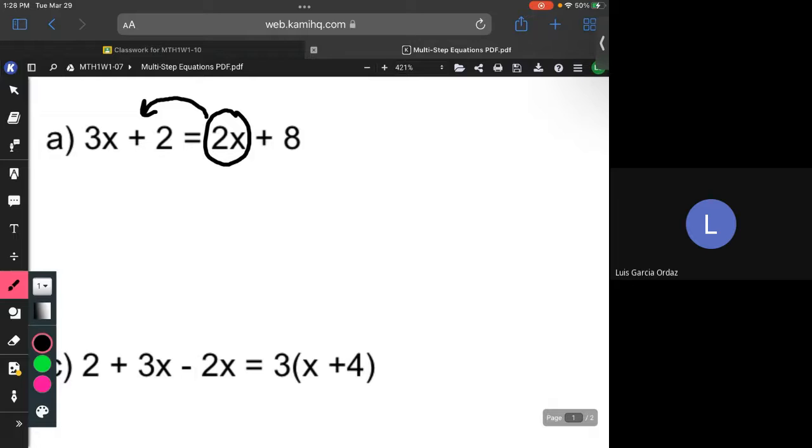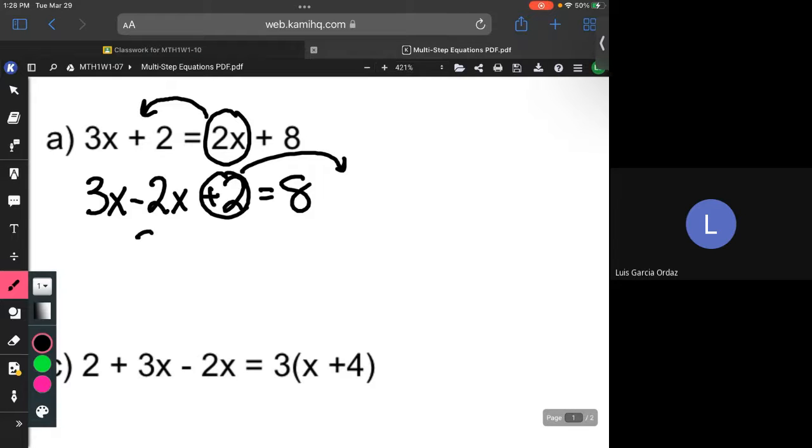Negative. Yep. So we got 3x minus 2x plus 2 is equal to 8. Now, what do we do next, Kareem? You move the 2 to the 8, so now it becomes negative 2. Good. So we got 3x minus 2x is equal to 8 minus 2.